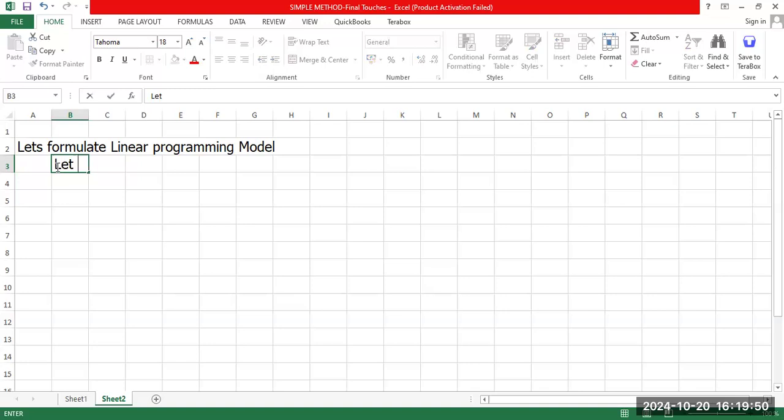Let X, Y, and Z be, what is the first brand? Junior Paste.